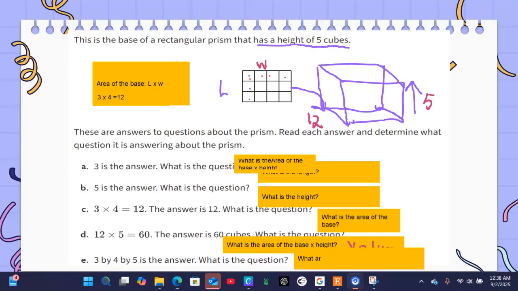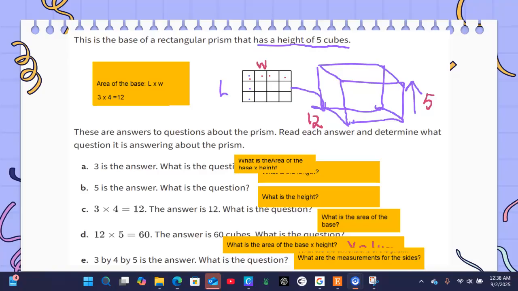What are the dimensions of the prism? If you want to keep it simple, you could also say, what are the measurements for the sides? Your teacher will also accept that.